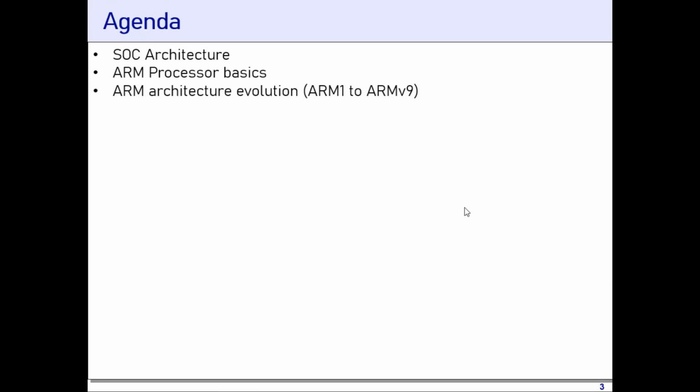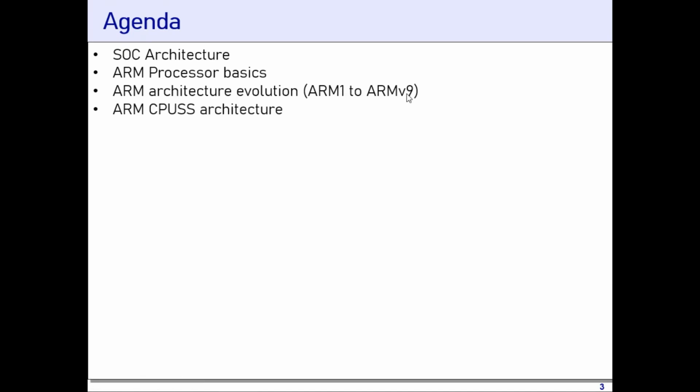Now coming to the agenda, we'll first start off with understanding some basics of SOC architecture. Then we'll move on to some ARM processor basics. Then we'll see how the ARM architecture has evolved from ARM 1, that is version 1, to version 9 that we are currently using.